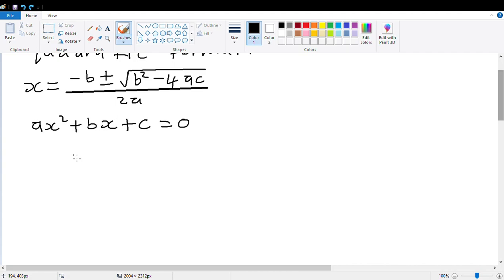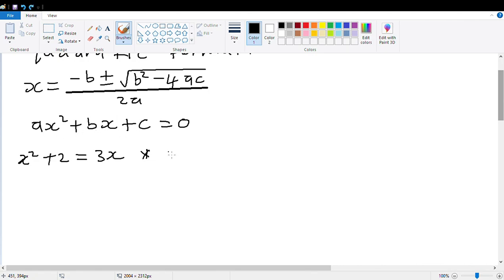Let's say you are having x squared plus 2 is equals to, let's say, 3x. So this equation right here is not in the form of ax squared plus bx plus c.